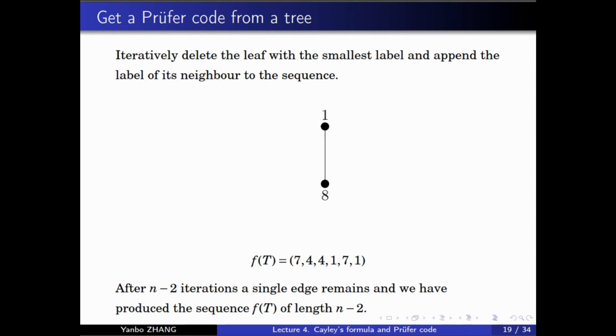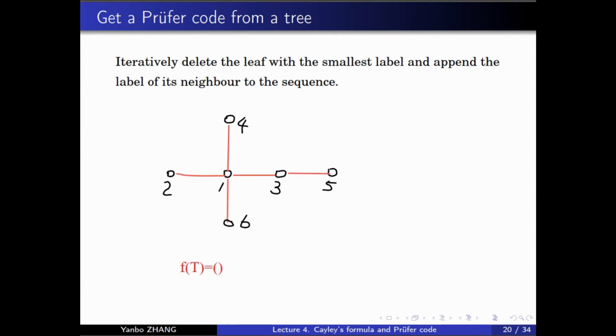The last sentence is from the definition of Prufer sequence. After n-2 iterations, a single edge remains, and we have produced the sequence Ft of length n-2. So this Ft is the Prufer code of the original tree.